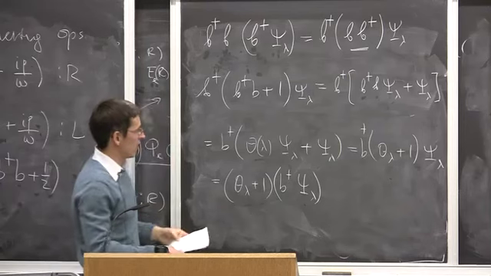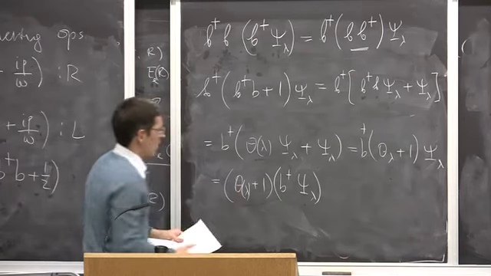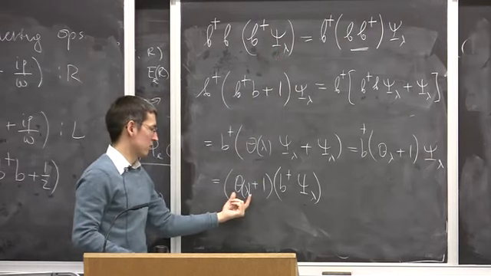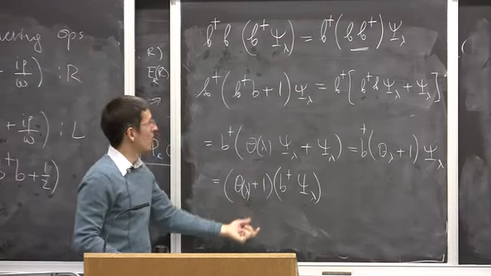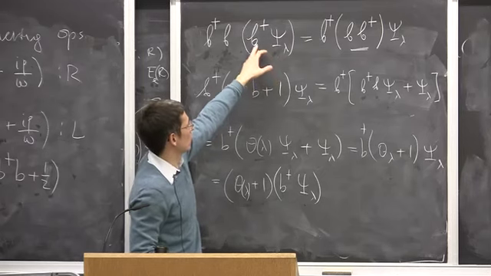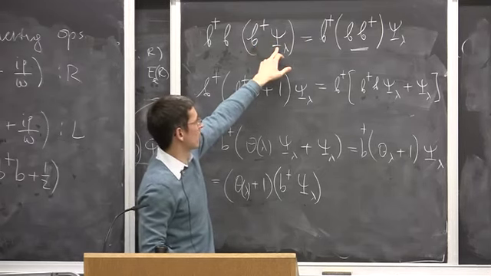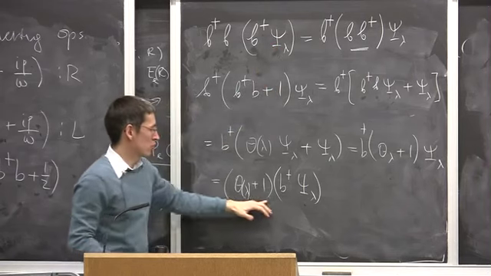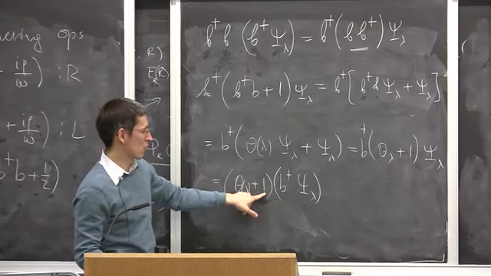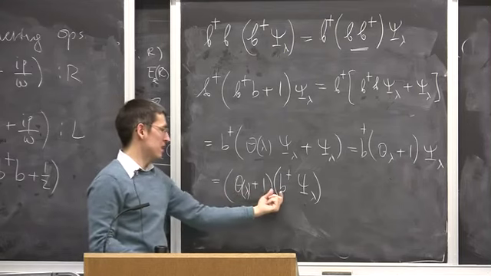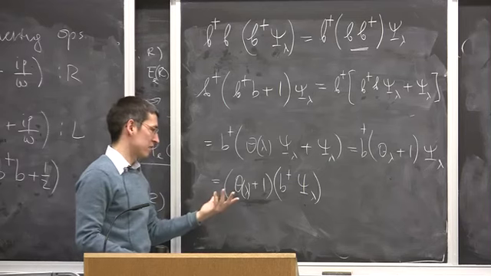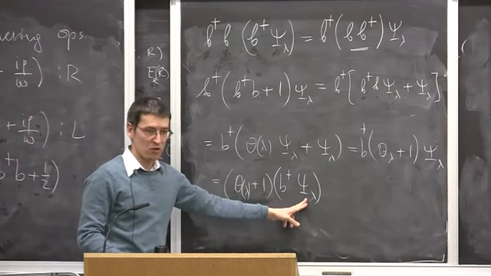And if the original function was with eigenvalue lambda, then the function that we obtain when we act with b dagger on the original function actually will be an eigenfunction with eigenvalue lambda plus 1. So what b dagger essentially does, it increases the eigenvalue of the original function by 1.